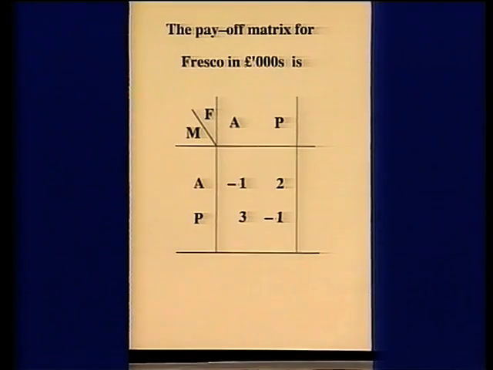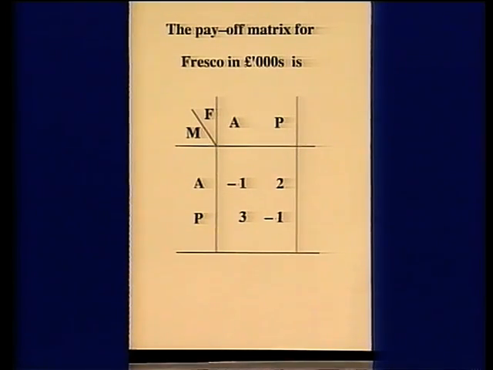So what we've done is to put the information into a matrix or table where we're showing the payoff in thousands of pounds to Fresco for the different combinations of A, local advertising, and P, price cutting. The game doesn't have a saddle point as it's readily determined, and so we have to use a graphical method in order to obtain a solution.